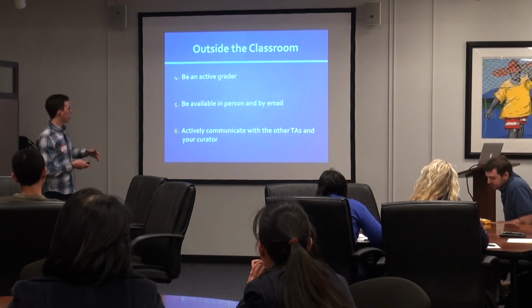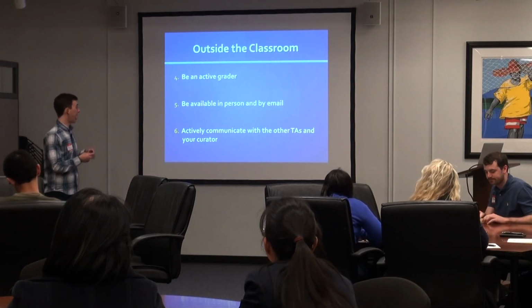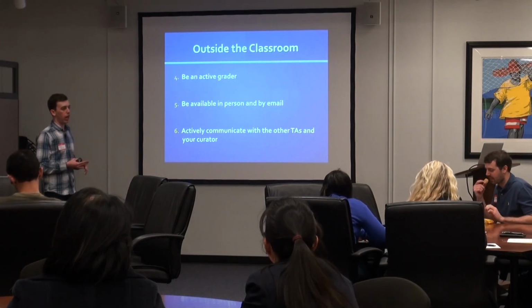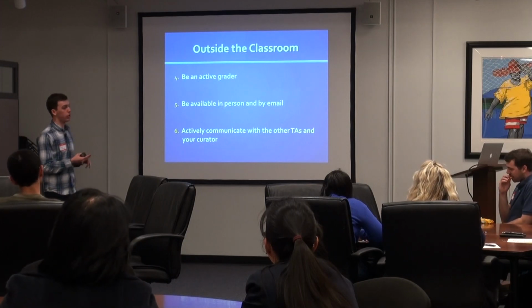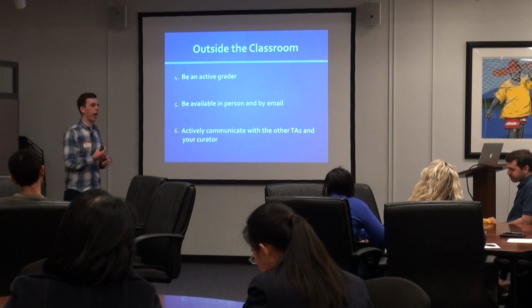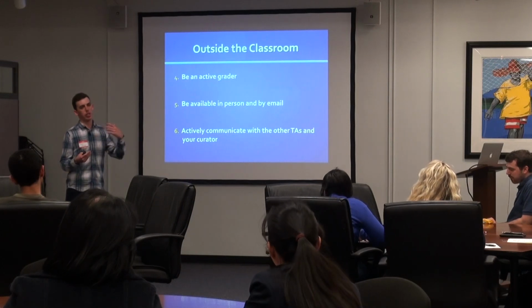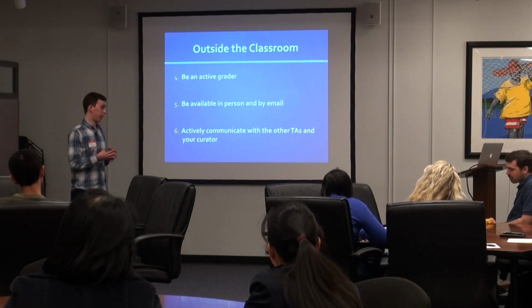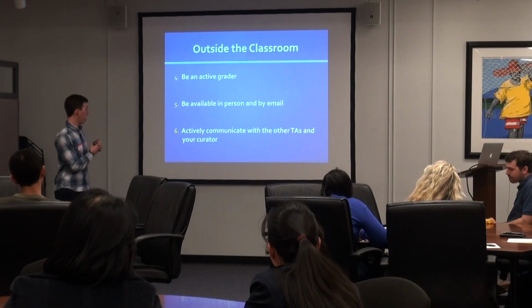The final things we're going to talk about are outside of the classroom. You're going to have lots of grading during the week, so being proactive in grading as it comes in will really help you, and I'll talk more about that.